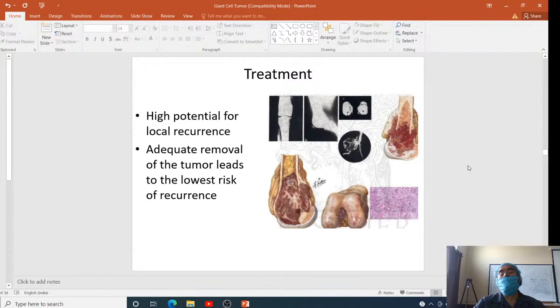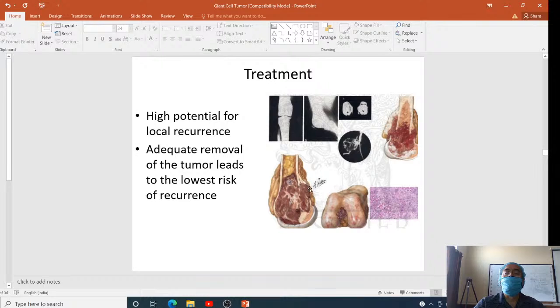Coming to the treatment, you should plan your treatment meticulously. Unless you have all the relevant data, you should not venture to treat that patient. Suppose you have a case like this. This is a tumor in the lower end femur. All of you can see this is the femur, lower end femur, and this is the tumor.